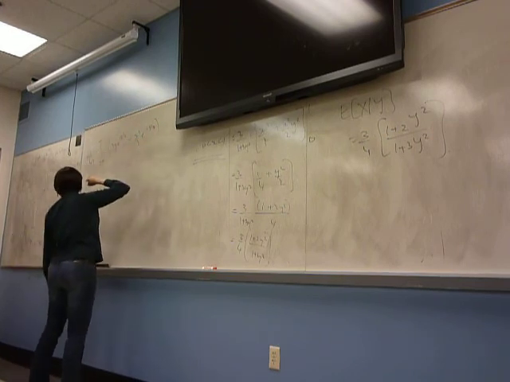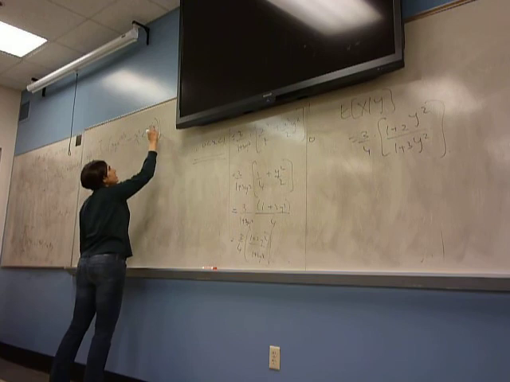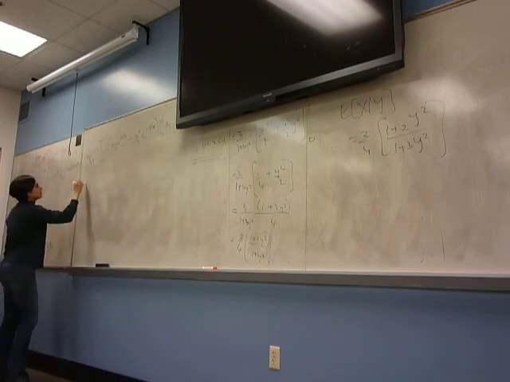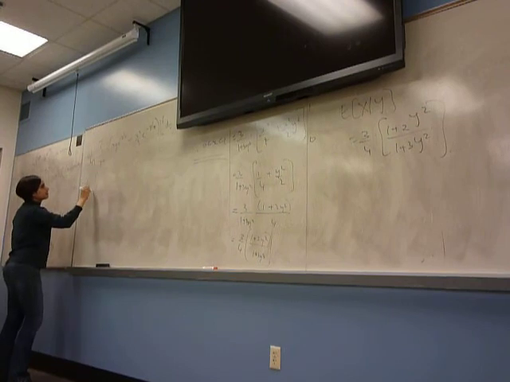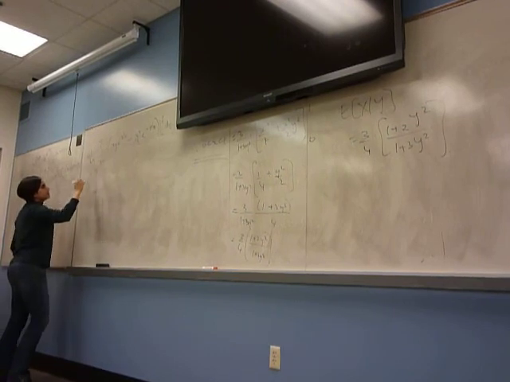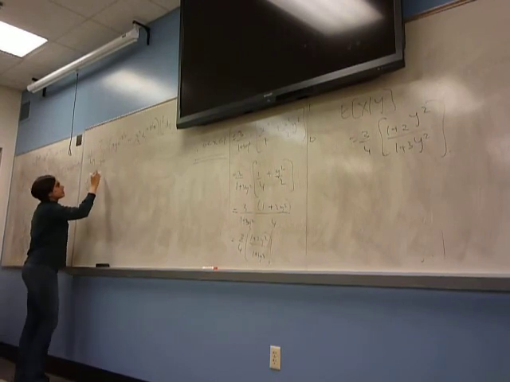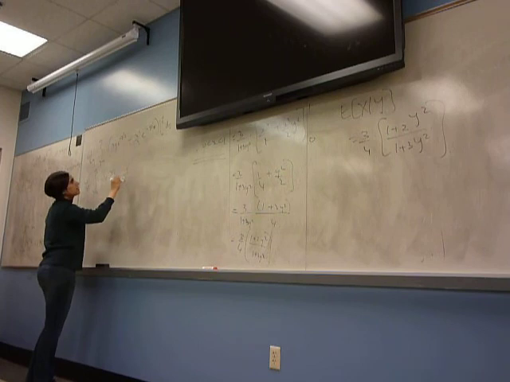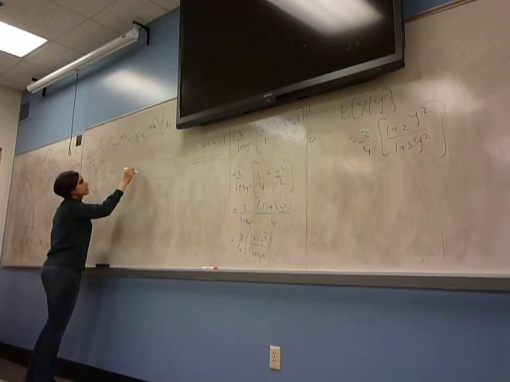We are evaluating this between 0 and Y, and Y goes from 0 to infinity. Plug in what Y is, so you get Y squared e to the negative y over 7 minus Y squared over 2 e to the negative y over 7.